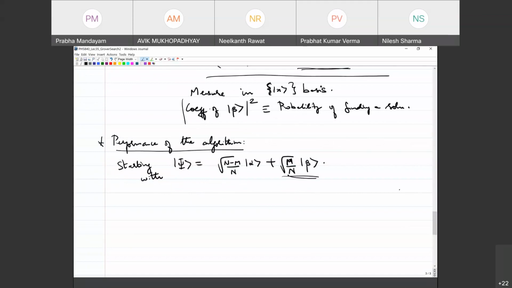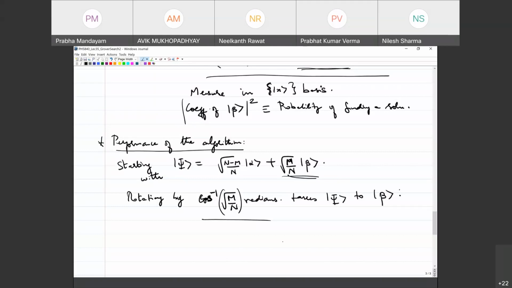So now I'm going to write this as follows. Rotating by cos inverse of square root of m over n will take psi exactly to ket beta, right? Because I basically want to make the angle with beta 0, which is basically pi by 2 minus theta by 2, right? As Nilesh was saying. So the amount by which I need to rotate will be this, okay?